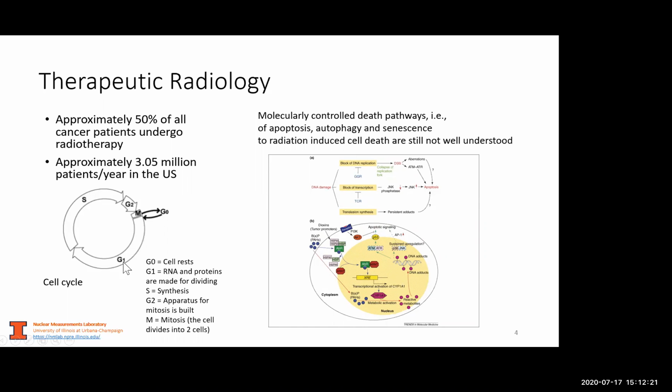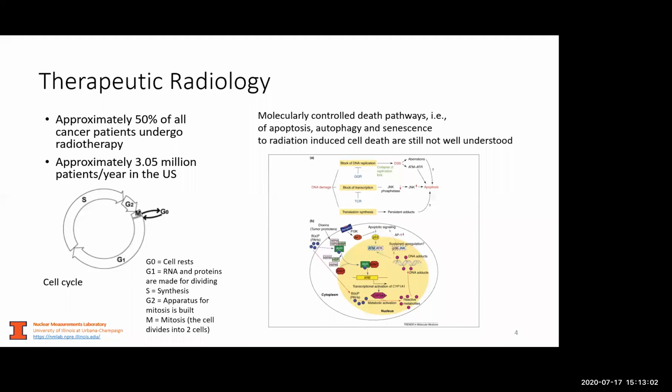And this cycle starts with the cell at rest, and then the division of the RNA, followed by the synthesis of two identical DNA chains, which then constitute the genetic heritage of the two split cells. If the radiation interacts with the cell while it is replicating, then the cell is more, as we call it, radiosensitive, and therefore it is more likely to be permanently damaged by the radiation.